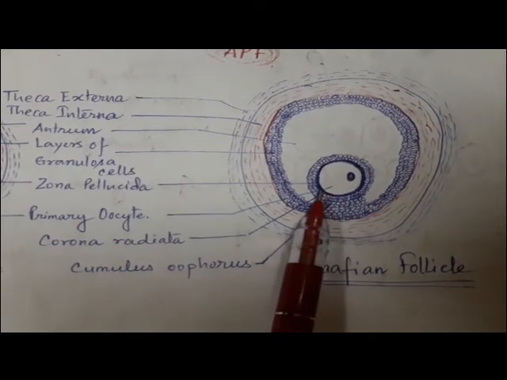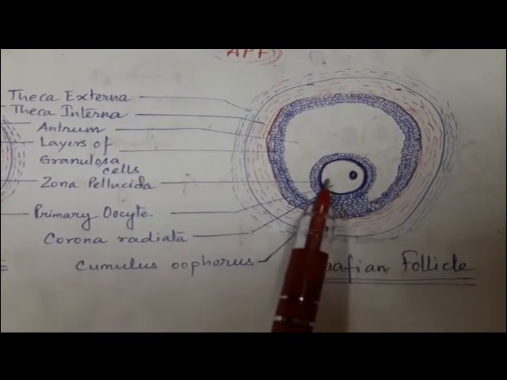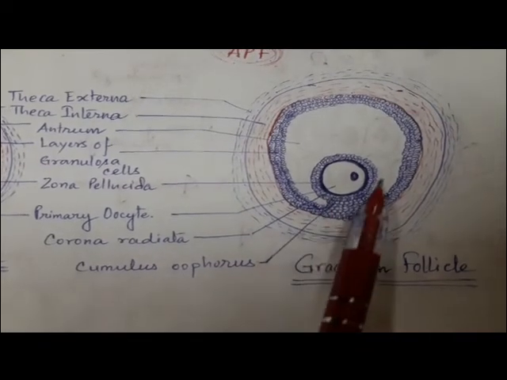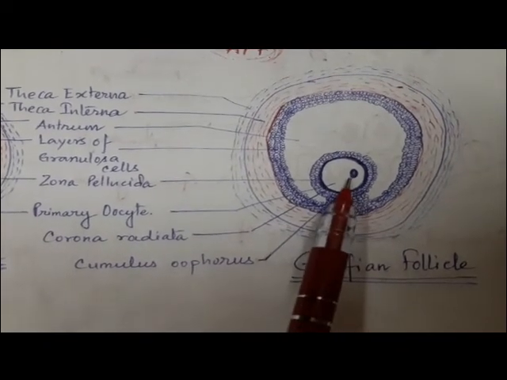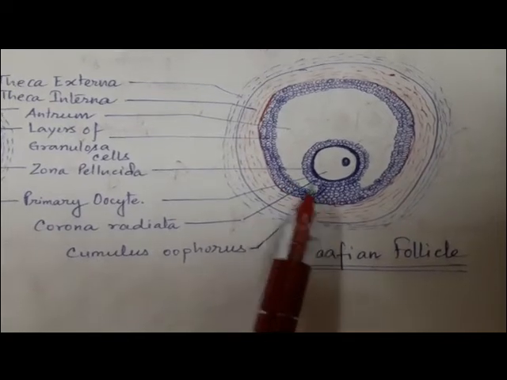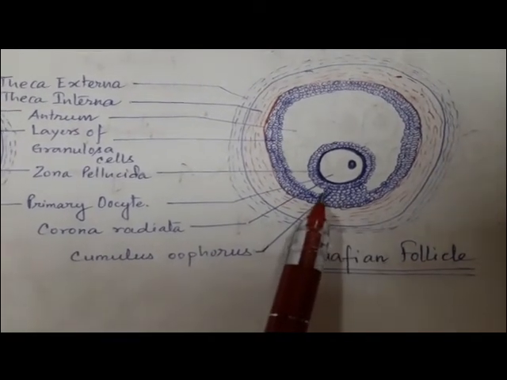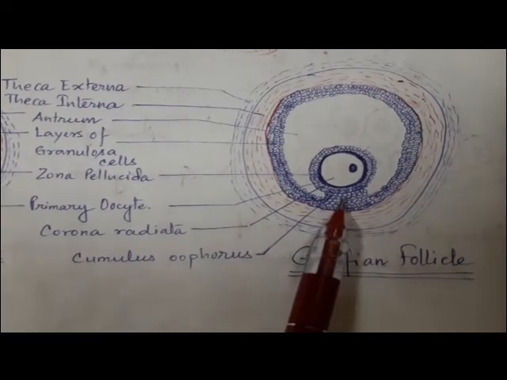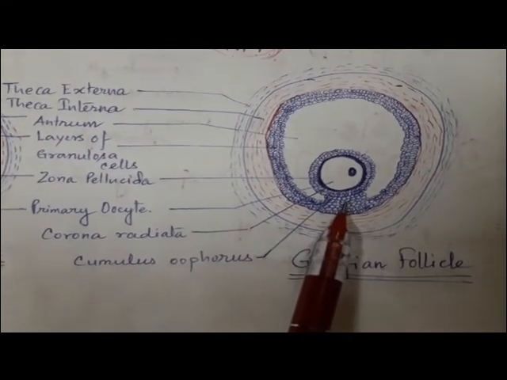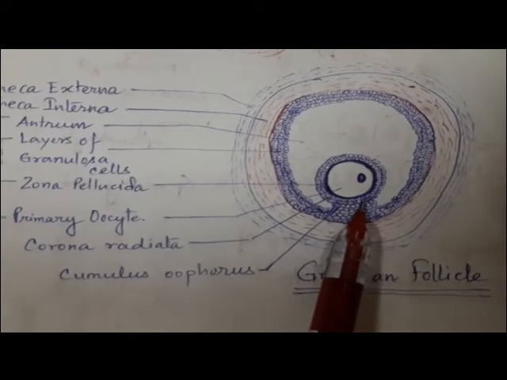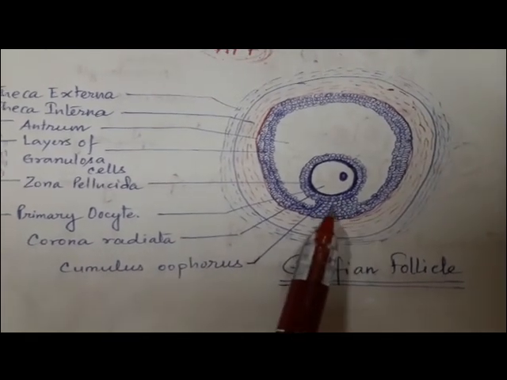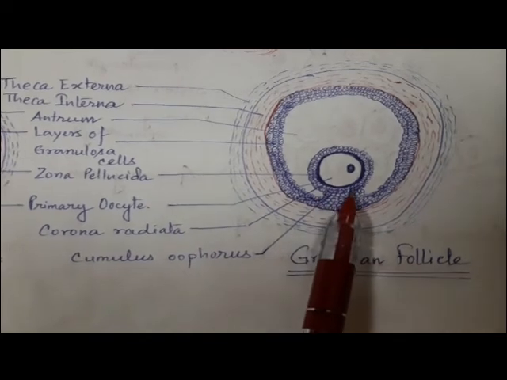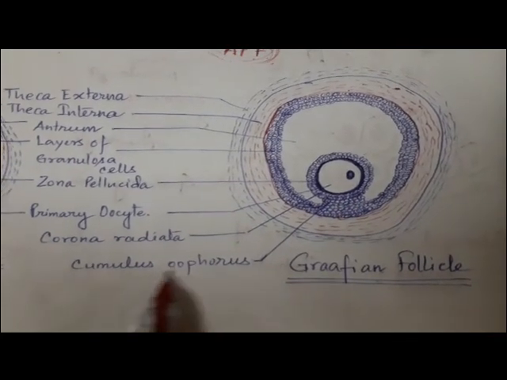There is also a structure called the corona radiata covering the entire primary oocyte, right? And there is also a stalk-like structure formed at the base, called the cumulus oophorus. It is at one point where the granulosa cells get thickened like a stalk, and that is called the cumulus oophorus.